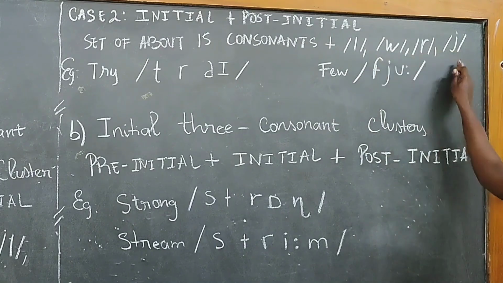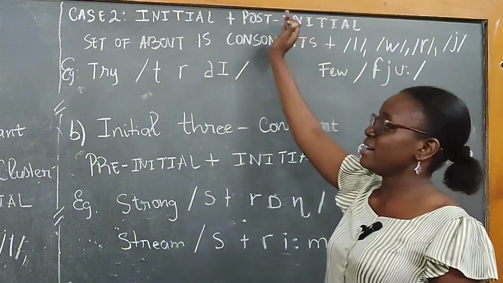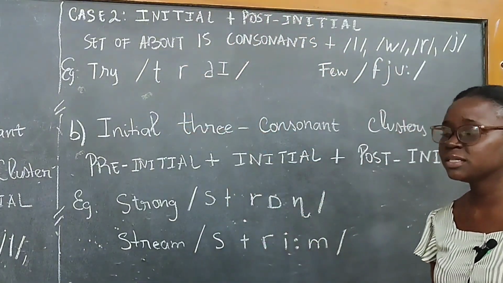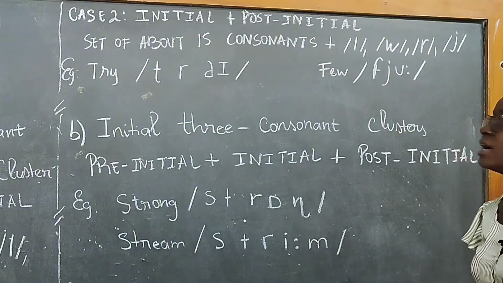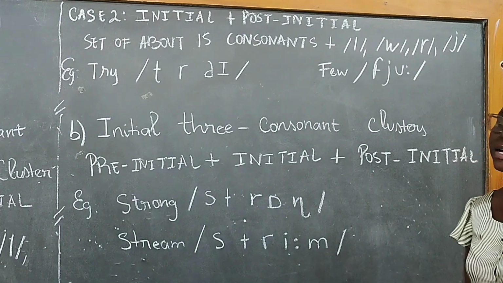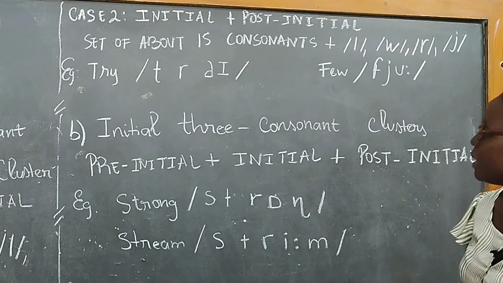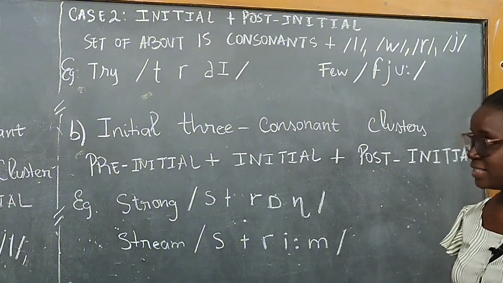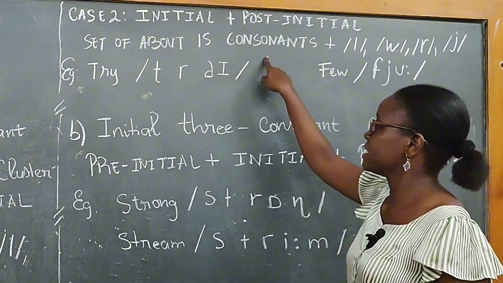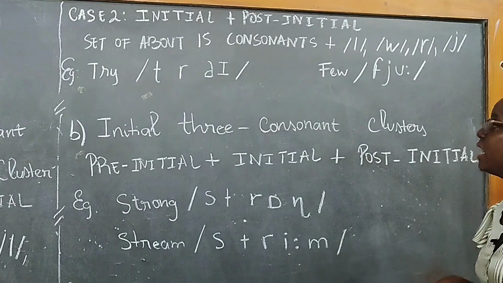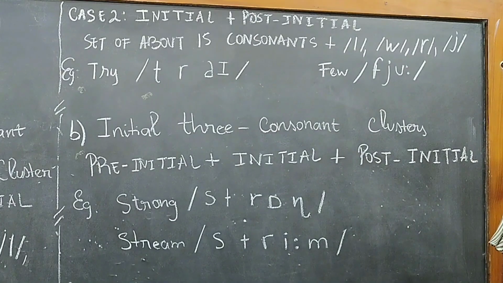So these sounds combined with a set of about 15 consonants that can be ta, they can be fa, they can be pa, and some other consonants in this set. We are before an initial and post-initial.